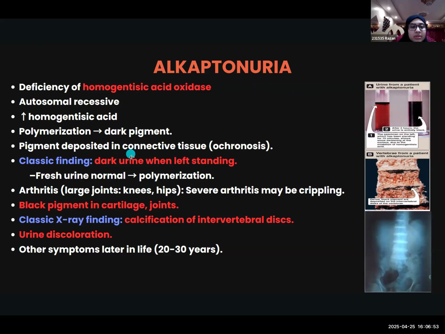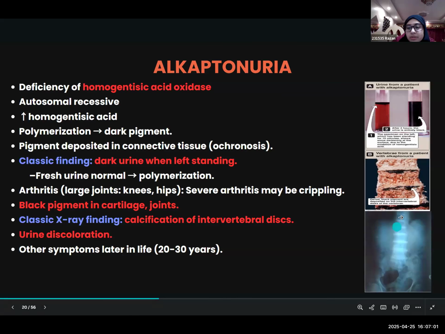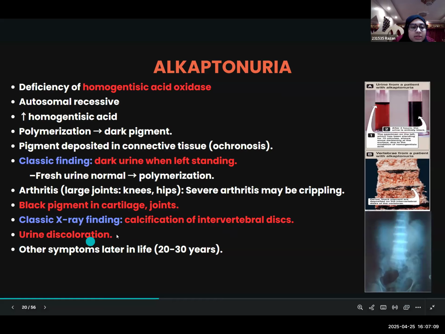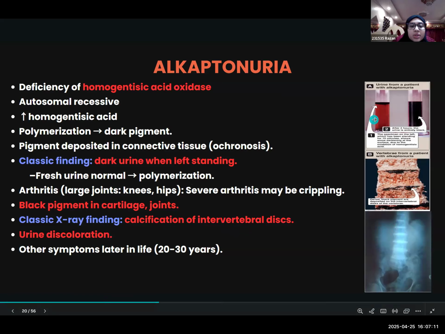Also, this pigment, the homogentisic acid, would accumulate in the cartilage and also in the spine. So a classical X-ray finding is calcification of the intervertebral disc. And urine discoloration, as I mentioned here. So these diseases are very high yield.